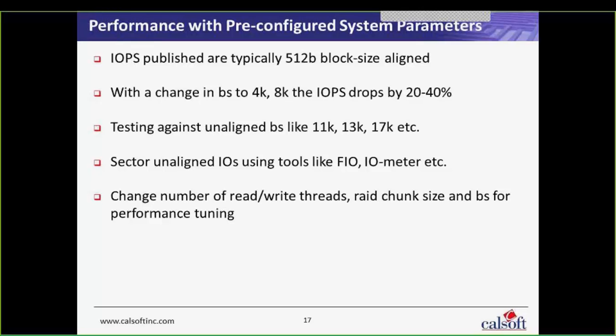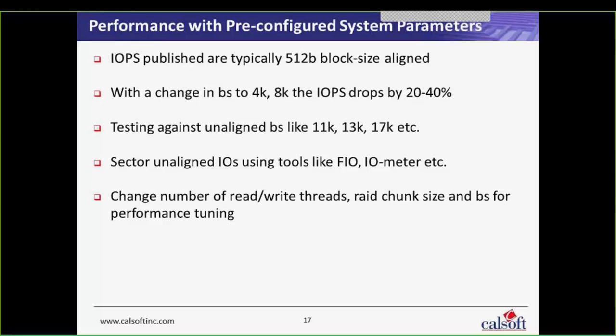The second factor is that the IOPS normally published by vendors are at 512 byte block size aligned, because those always produce good IOPS numbers compared to 4K, 8K or bigger block sizes.